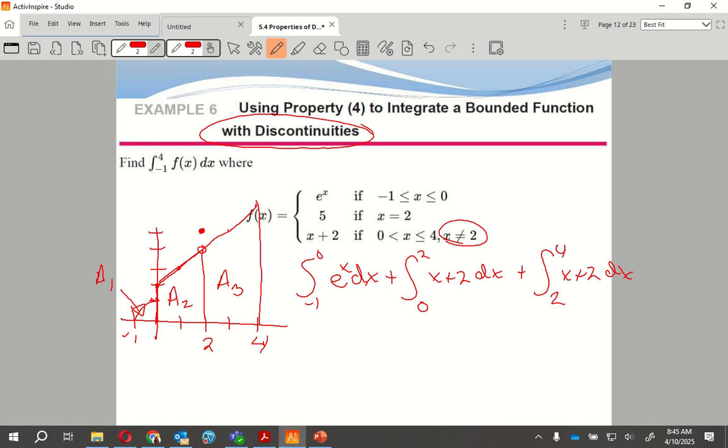Say yes. Alright, integration of e to the x is e to the x. I'm gonna change up my colors because I like to do that.